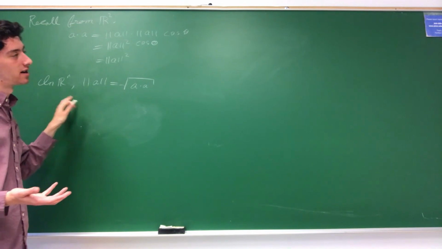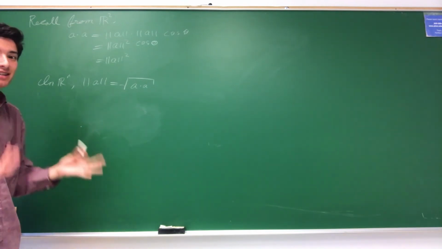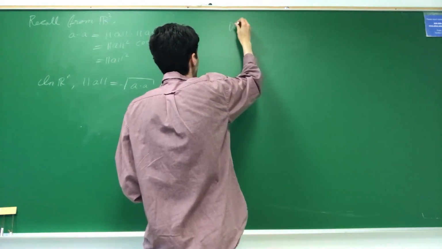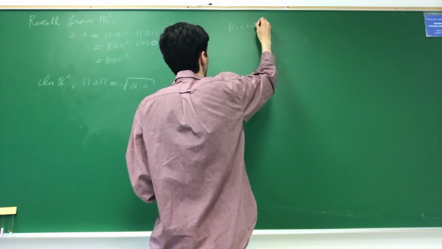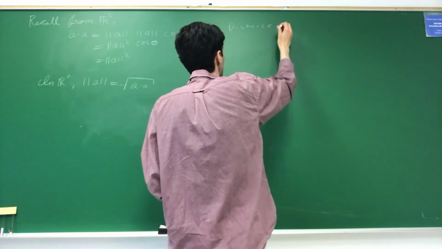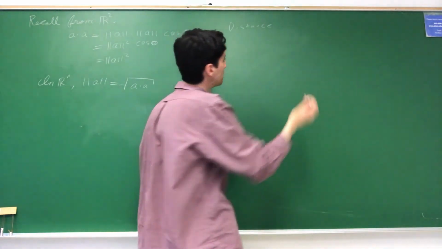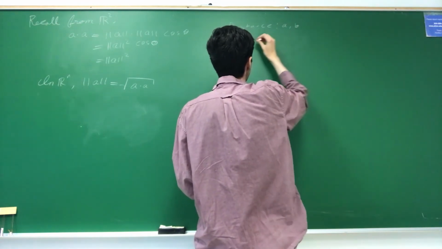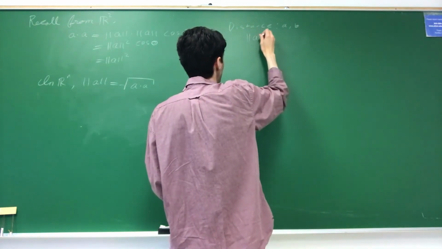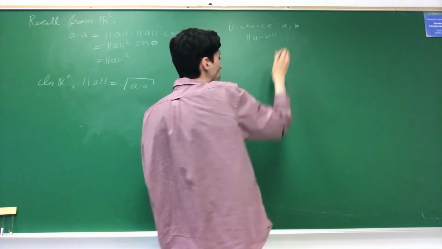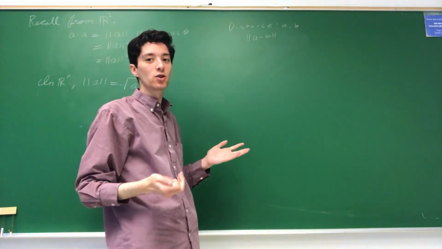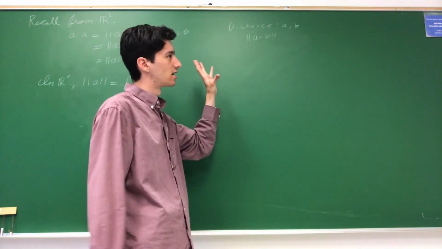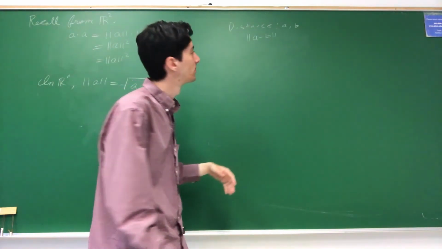Now finally, I want to think about the distance between two vectors. So let's recall that in R2, the distance between A and B is equal to the magnitude of A minus B. We showed this in 2 dimensions. And so when we talk about distance between vectors, we will use this terminology here.